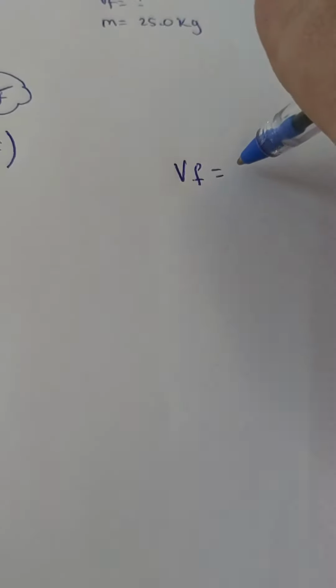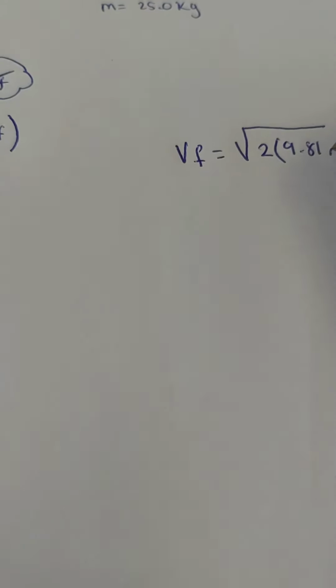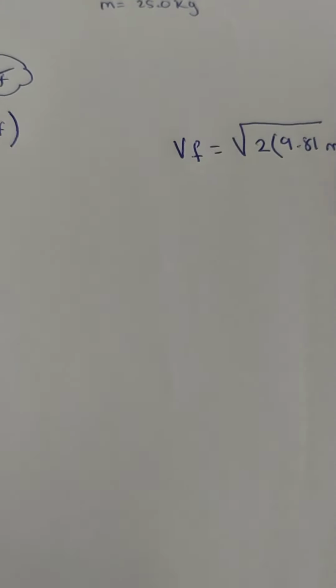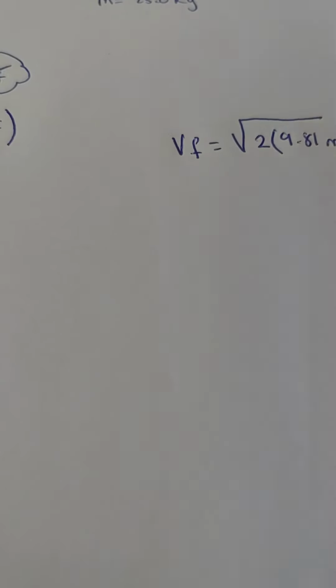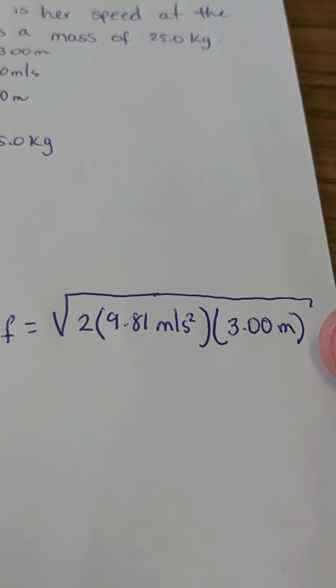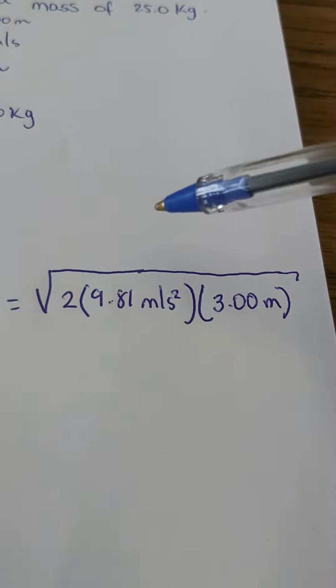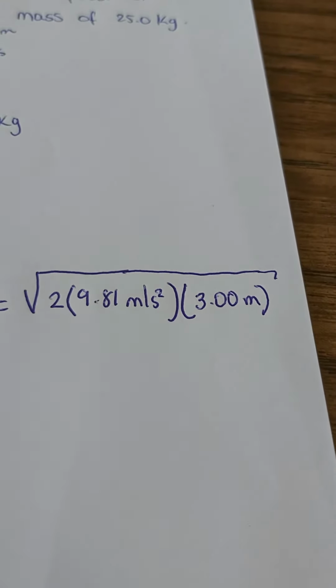Final velocity equals the square root of 2 times 9.81 meters per second squared times the initial height, 3.0 meters. So 2 times 3, that's 6, times 9.81.